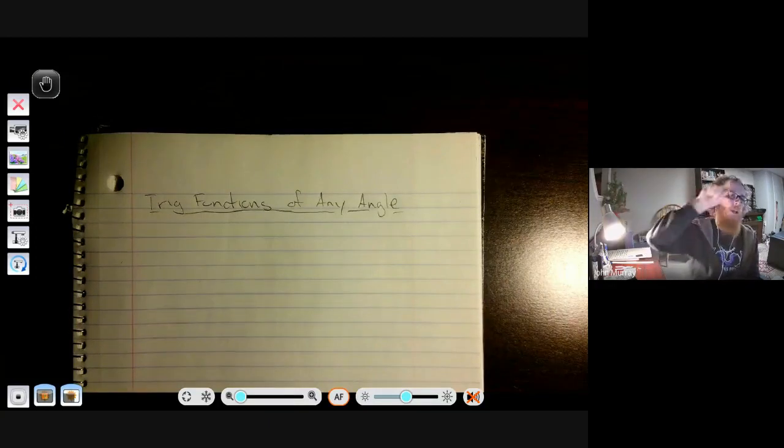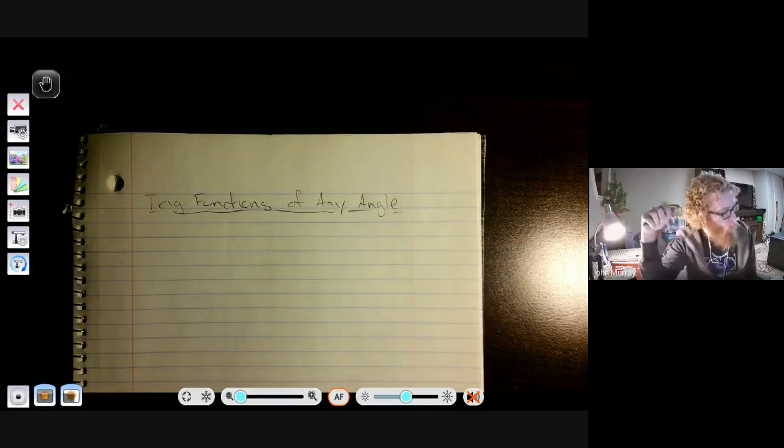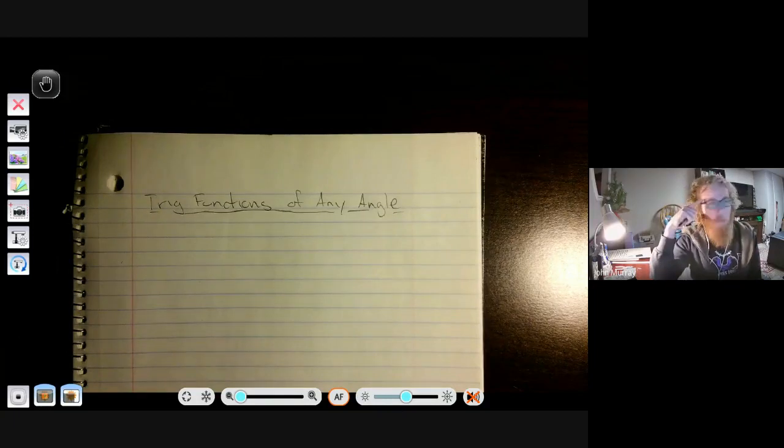Using the unit circle, we have different spots, right? So you have 0 degrees, 30, 45, 60, going all the way around.